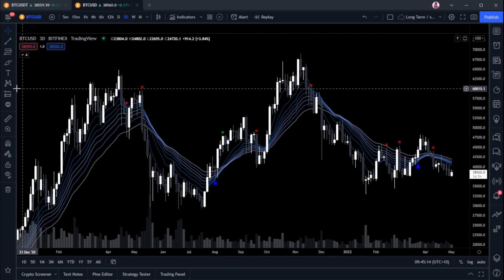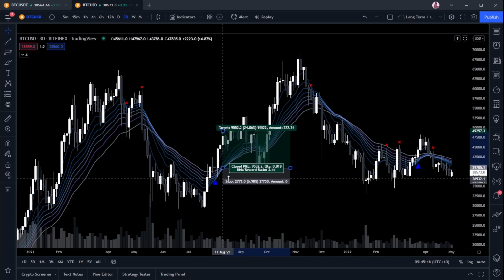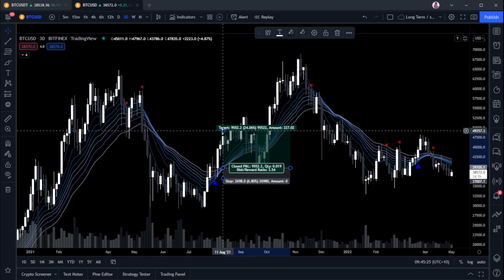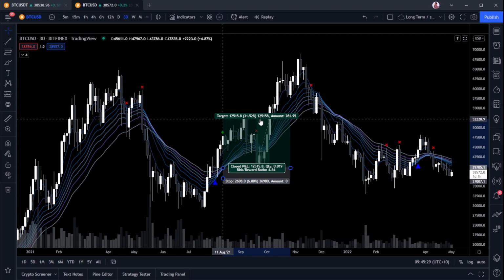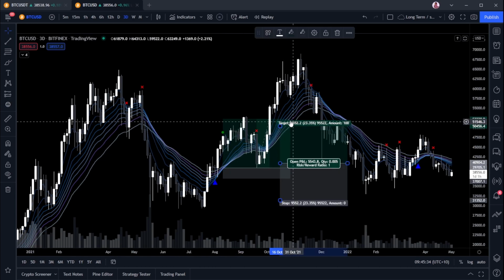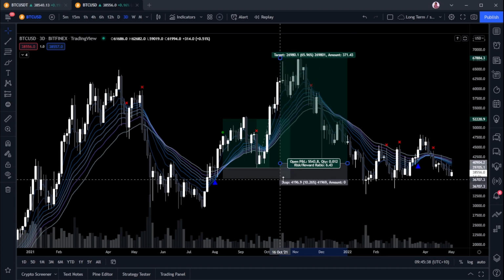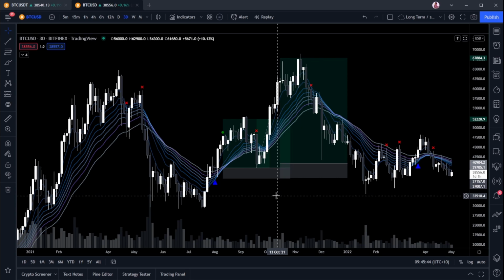If you entered here, you could have had a stop loss about there. That's only a 6.8% stop loss. And then you could have targeted a high of this price and then re-longed this bottom, targeting a new high. So that could have been your trade, and your stop loss would have never got hit.